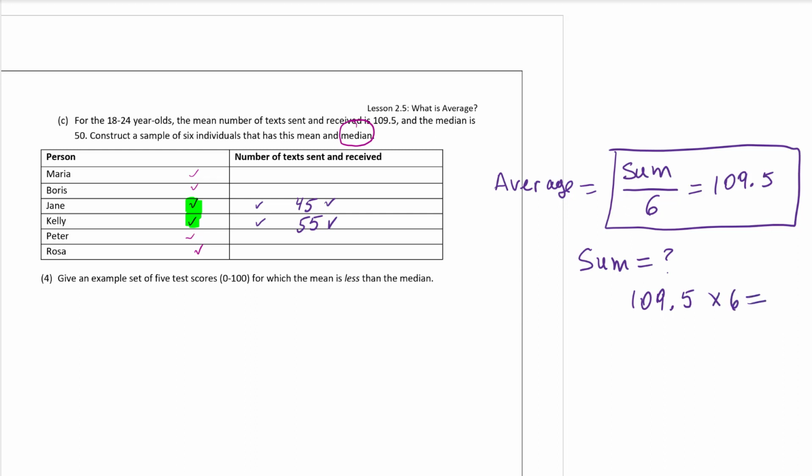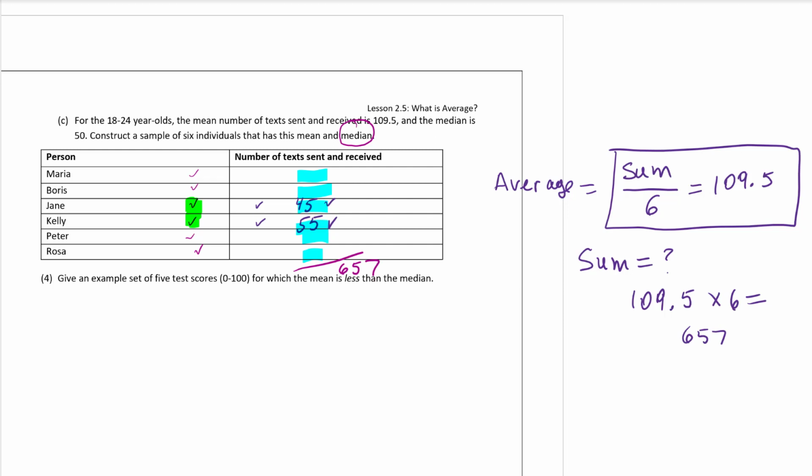You do the reverse, and 109.5 multiplied by 6 gives us 657. So that means if you were to add all of these numbers together, they should end up being 657, correct? So that when you divide by 6, you're going to come up with 109.5.